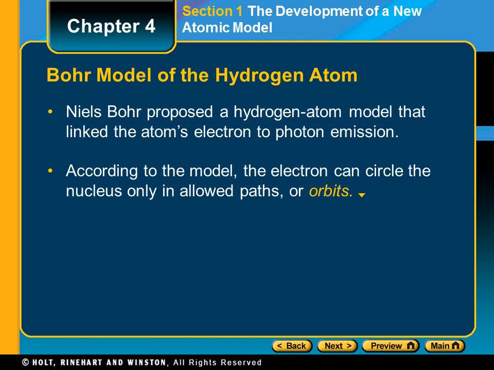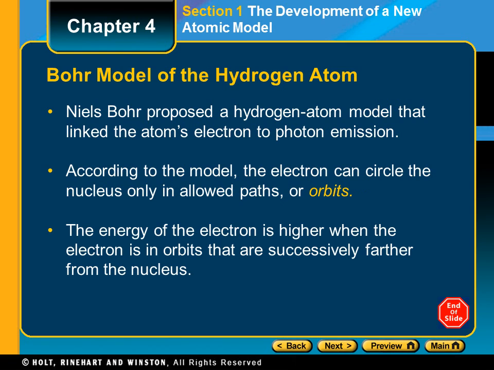This also becomes known as the orbital model of the atom. The energy of the electron is higher when the electron is in orbits that are successively farther from the nucleus. The higher the energy, the different the wavelength of the photon, and the different colors you get.